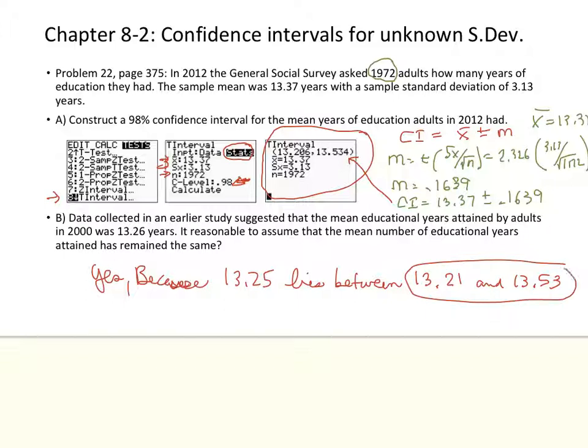So because it lies between there, we can assume that the mean number of educational years has remained approximately the same.